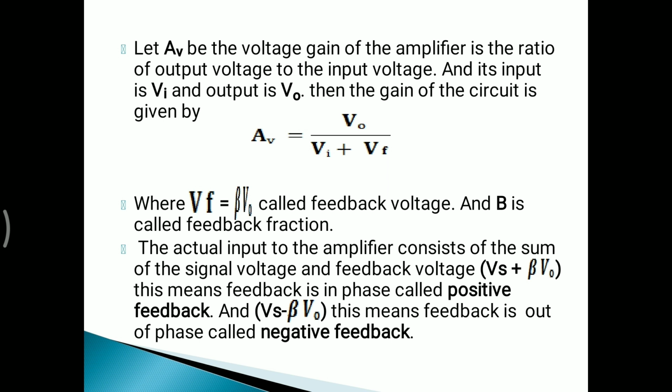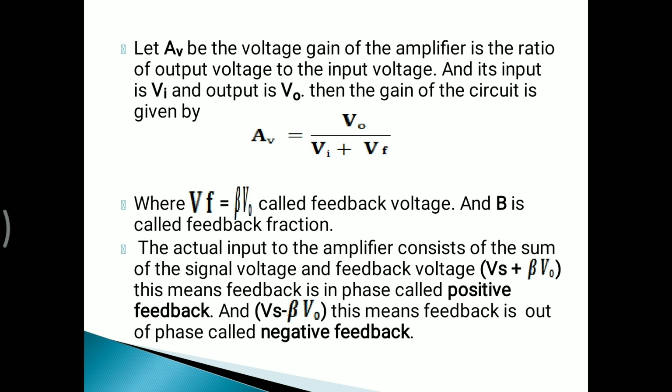If it adds up with the signal voltage, meaning Vs plus beta into V naught, the feedback is in phase. In phase means the sine waveform coming back through the circuit is the same as the input signal. That's why it gives the same waveforms, meaning the feedback is in phase, called positive feedback.